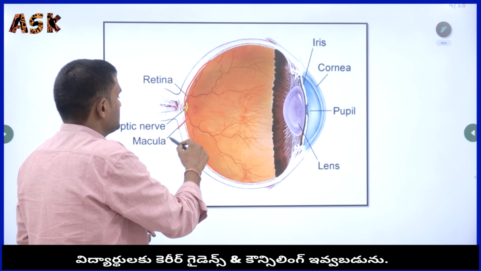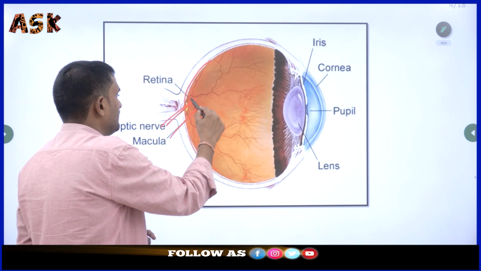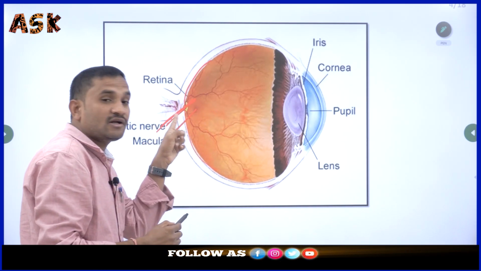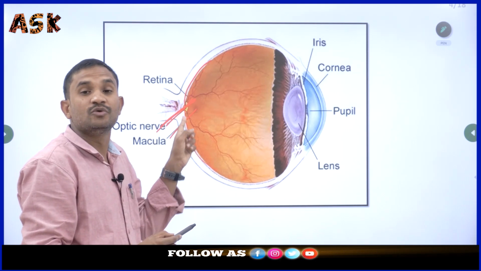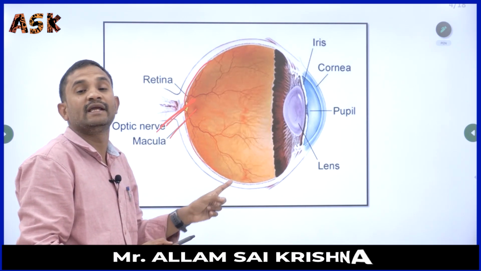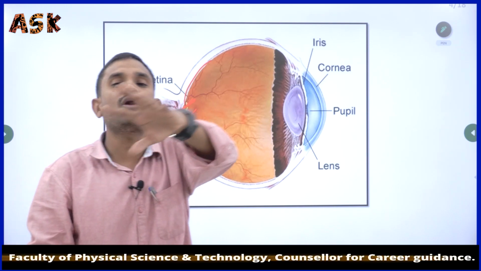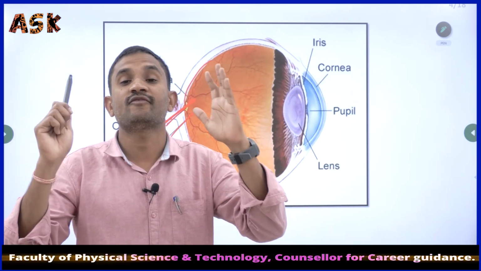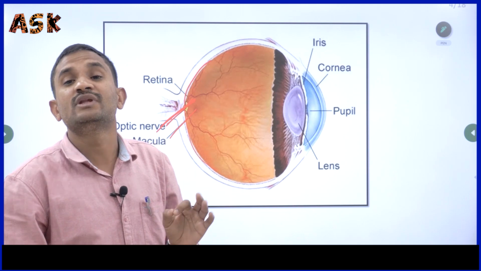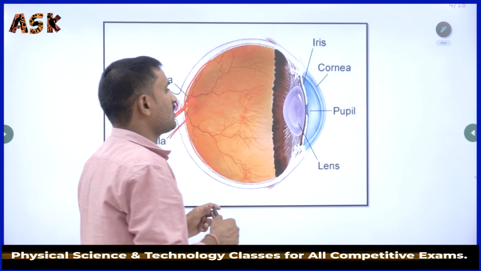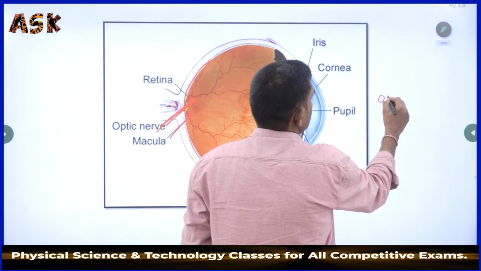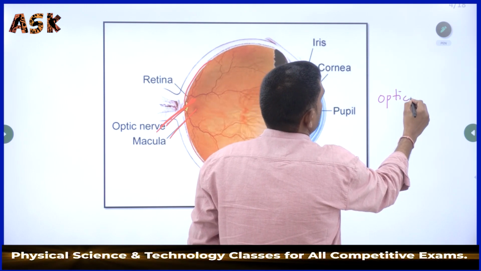Here there is the presence of the optic nerves only. Yes, these optic nerves will be stimulated. Due to that stimulation only, we can see all the objects present around us. Due to that only, light is also called optics. Light is also called what?